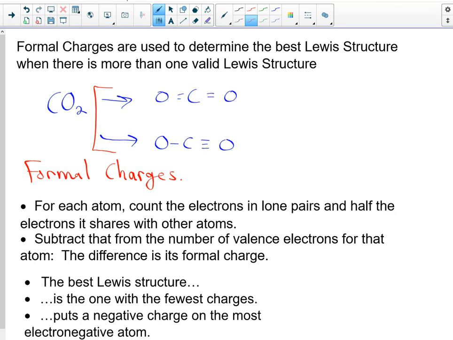And both of these models are valid for those rules. All right, but we need to know which one is the best one. So we follow this concept called formal charges. So for each atom, we're going to count the electrons in lone pairs and half the electrons it shares with other atoms.